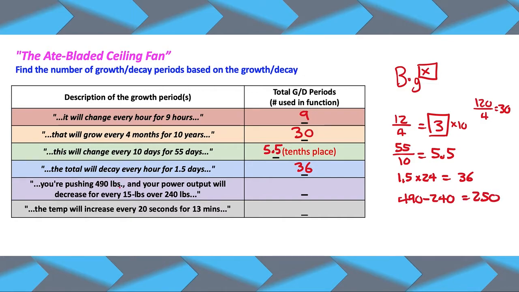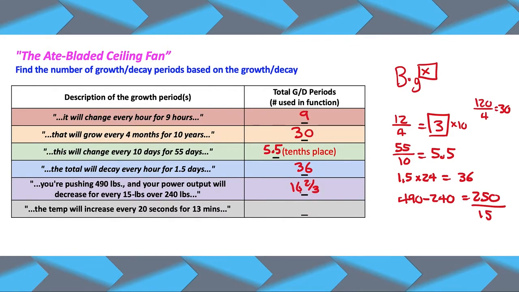It's going to decrease every 15 pounds, so you would divide by 15. Let's see, 250 divided by 15. I don't think this is going to be an even number. It's not. I think I made this one on the fly. It's 16 2/3.